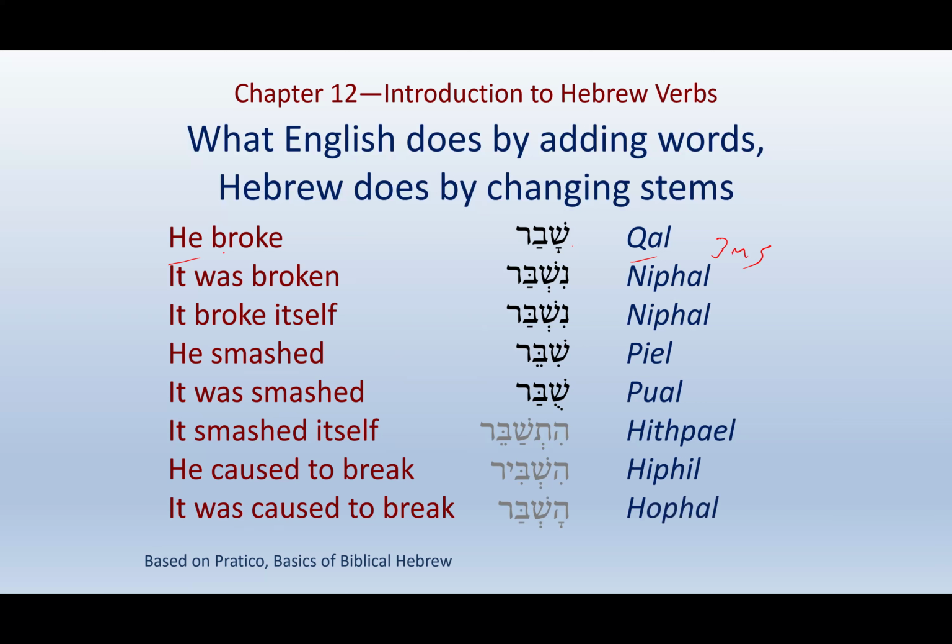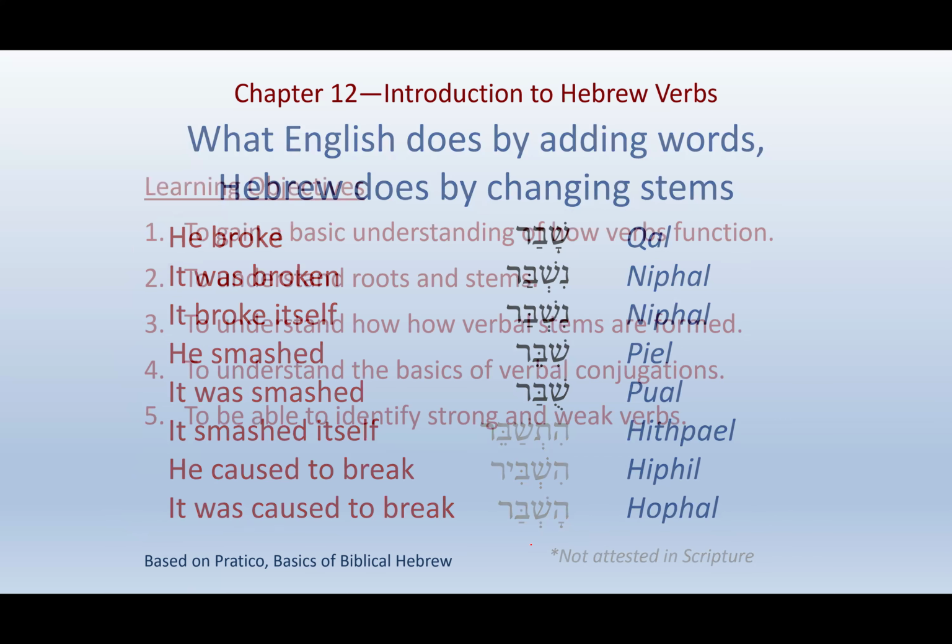So that's the different kinds of actions and voices expressed for all these different stems: the Qal stem and then all the derived stems. By the way, these gray ones, these words do not appear in Scripture, but that's the way they would look if they did.